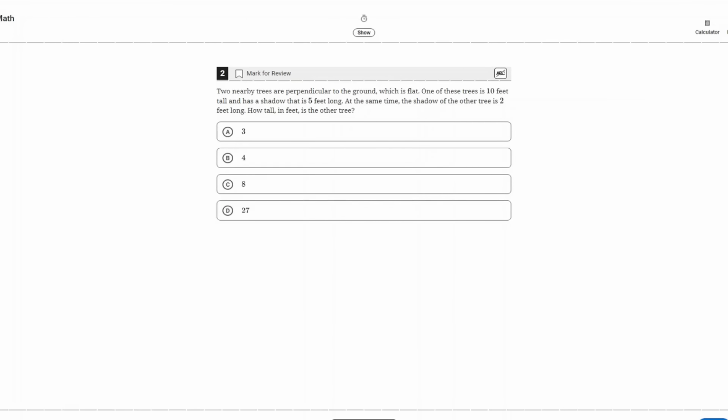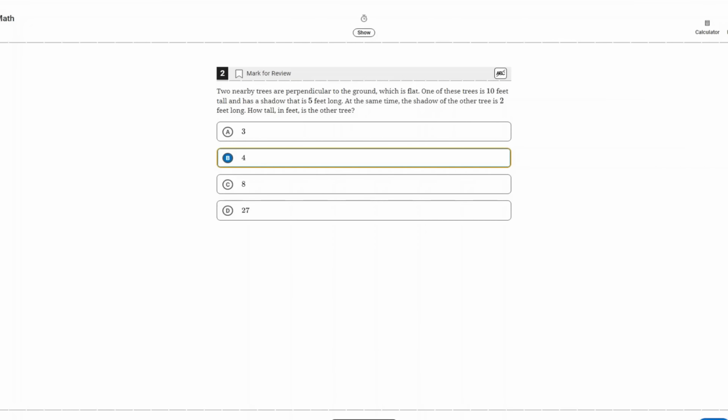So 10 feet tall and 5 feet long shadow. Hence, if the shadow is 2 feet long, then it must be 4 feet tall, because the length of the tree is 2 times the length of the shadow. Okay, so we choose 4 in this example.